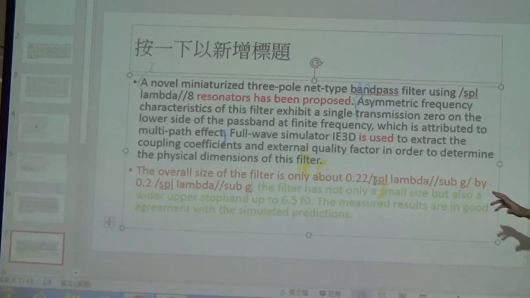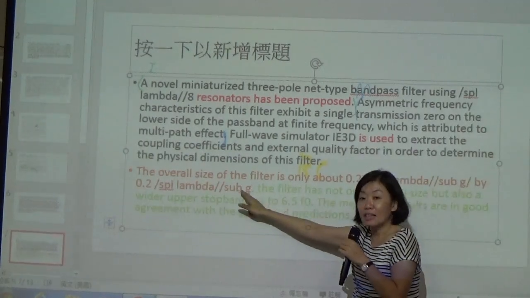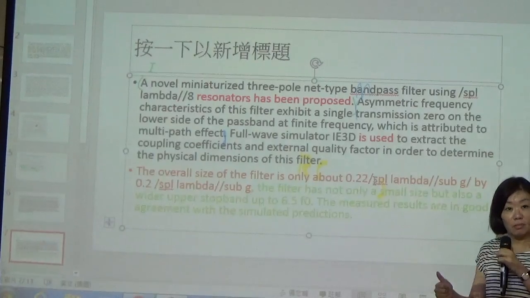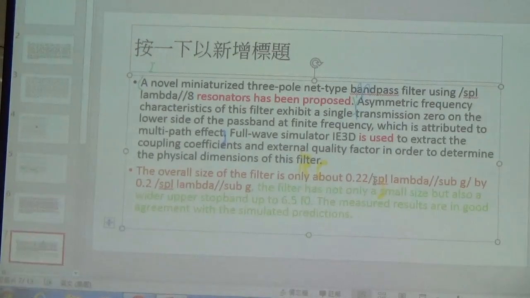Say what you find, then you say your finding is good. Okay, get the point? Excuse me, which part is the finding? For IMRD, which part is the finding? The orange part. The finding means the result, the experiment.